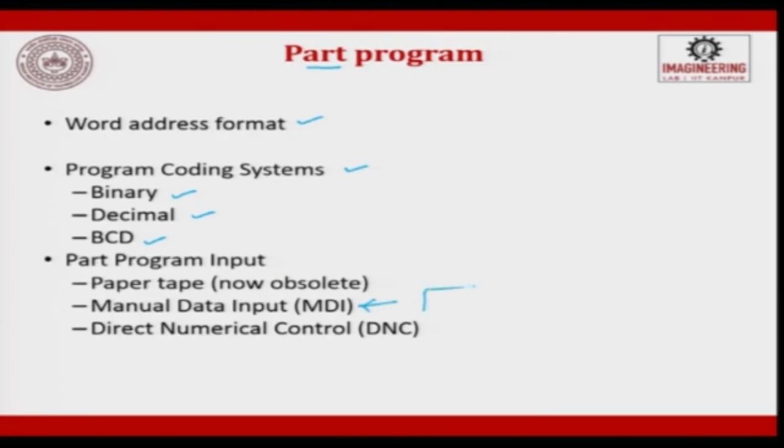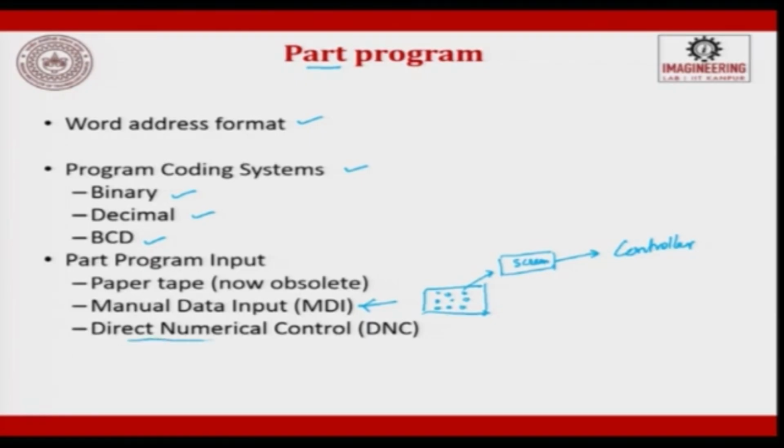MDI means you will have a console, and in that console, like a calculator, you will have all these symbols and other keys, and this will be attached to a screen, and then attached to a controller. This is called manual data input, in which the operator punches in whatever information he wants, it can be seen on the screen, and then it is converted.